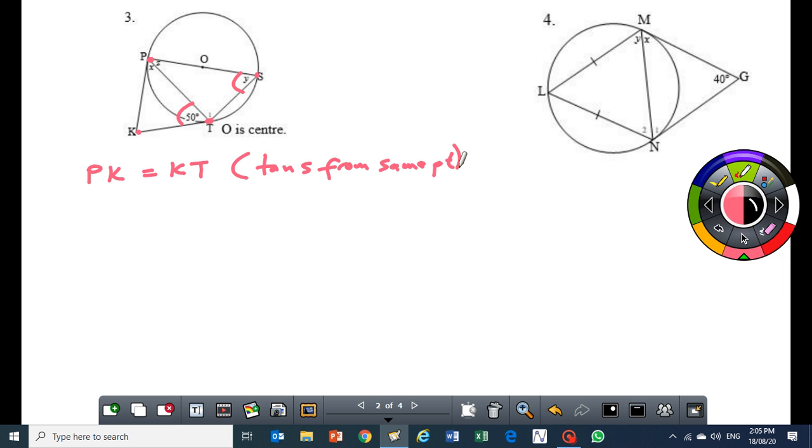Please, that's where you're supposed to start. You have to mention that PK is equal to KT because they are tangents from the same point. Then you can say x is equal to 50 degrees, reason: angles opposite equal sides.